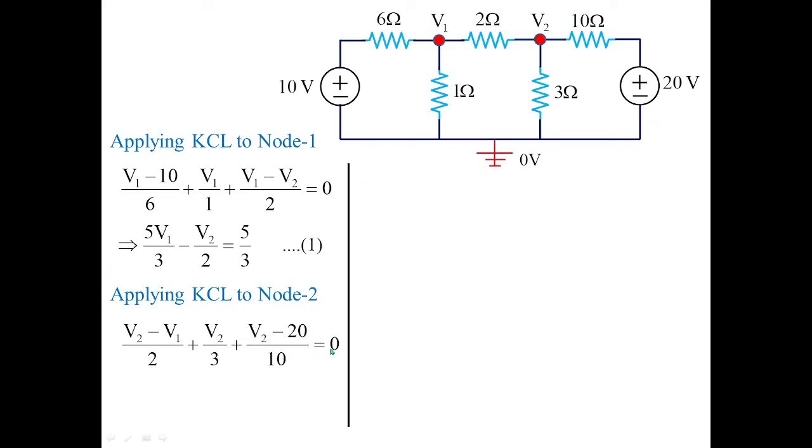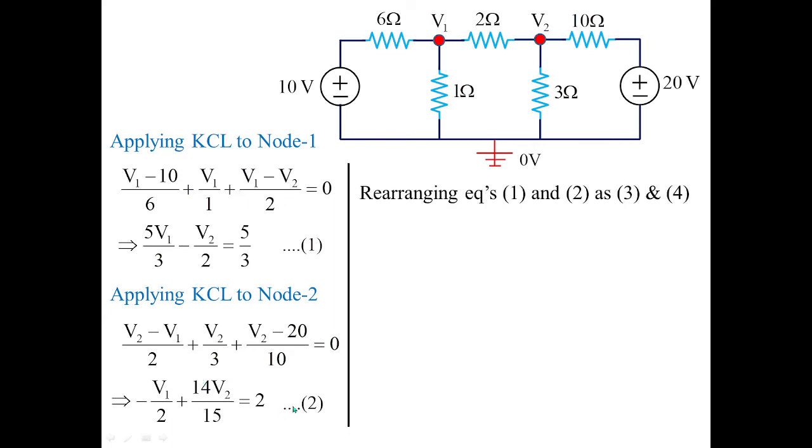Satisfying the KCL, which is equal to 0, and simplifying this equation, we get minus V1 by 2 plus 14 V2 by 15 is equal to 2. Now consider this as the second equation, and rearrange equations 1 and 2 in order to get a better solution. So I have changed it to decimals: 1.66 V1 minus 0.5 V2 is equal to 1.66. I am taking this equation as 3.